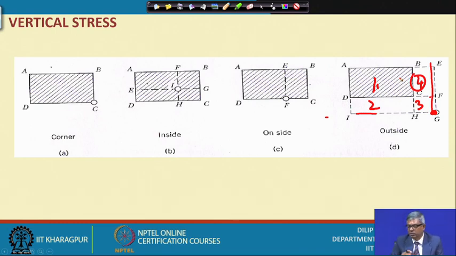Now, if I want to find out pressure at this point, I have to consider that this point is a corner of this big rectangle. So I can apply the corner formula for this big rectangle, but this portion is not loaded. So I can imagine that this portion is negatively loaded.